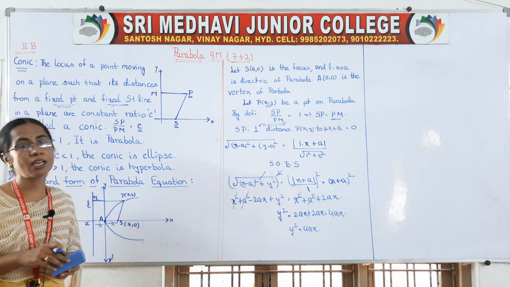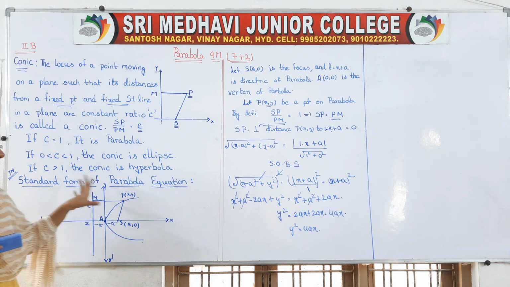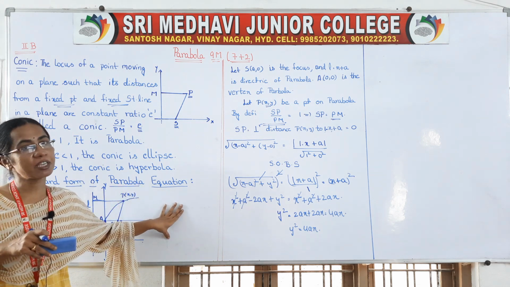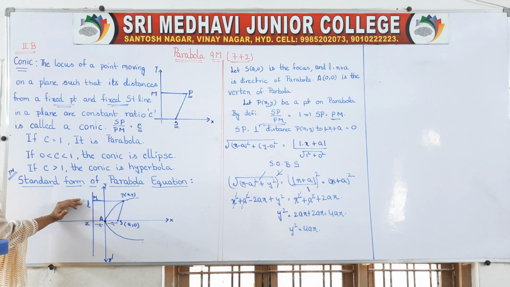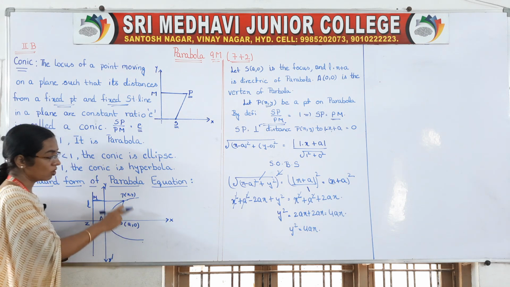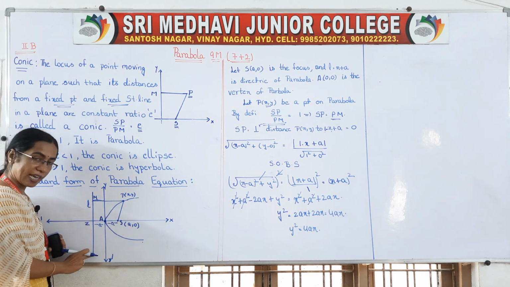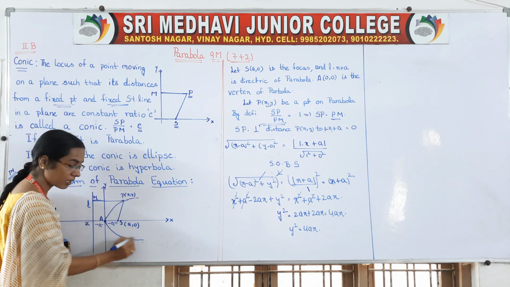So a very simple derivation, right. We derived the standard parabola equation. A very important 7 marks question. You must draw the diagram, since we are dealing with B paper geometry, so we have to take the support of the diagram. So here this is your focus A comma 0, and this is your directrix, right, and we take one point on the curve.